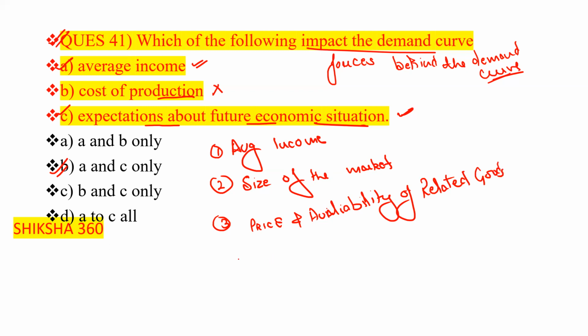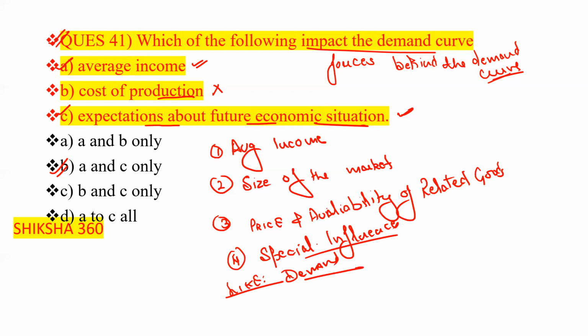Fourth one is the special influence. Can anyone remember an example of special influence? Like the demand for umbrellas in the rainy season in Mumbai, but in Delhi there is less rain. So it depends on the area, it is area specific. These are some of the reasons that impact the demand curve.